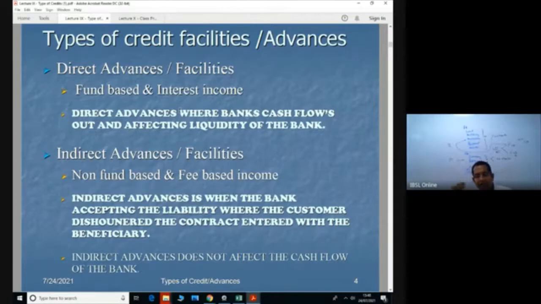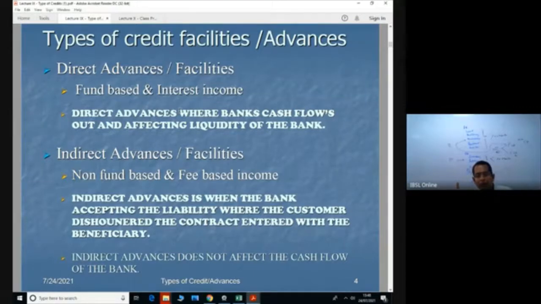We have several types of bank guarantees. Most common is the trading bank guarantee, where, say for DSI, there is a distributor, and on behalf of the distributor, we give a guarantee to DSI saying, okay, you give credit to this customer.